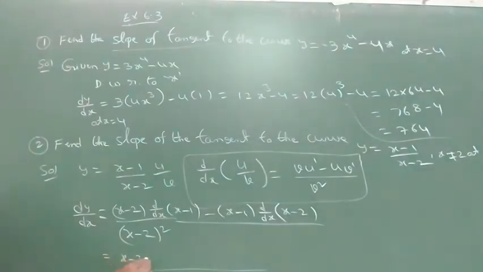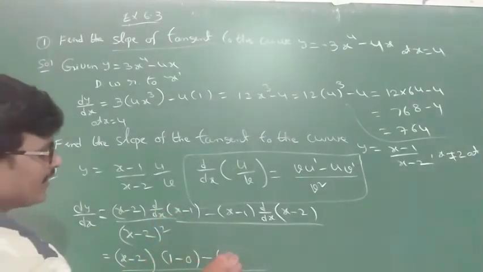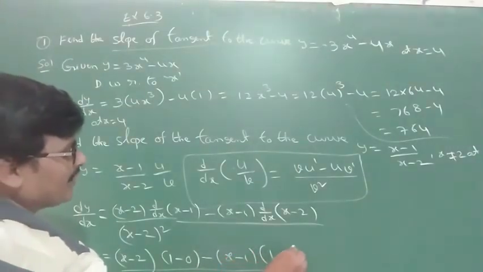So x minus 2 into the derivative of x minus 1, which is 1 minus 0, minus x minus 1 into 1 minus 0.